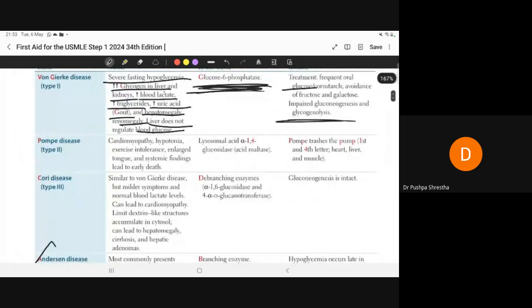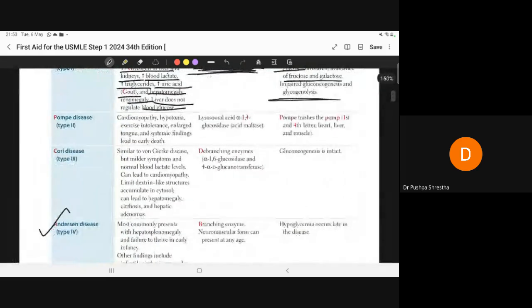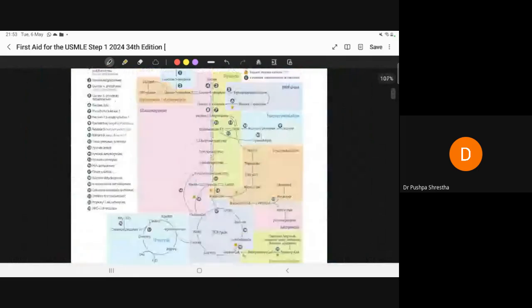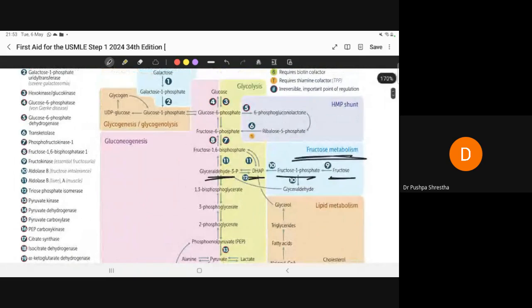The same goes for fructose and galactose, because at this point I need to go back. Let me show you something. Here is your fructose. This fructose goes into DHAP, glyceraldehyde, and then into glucose.